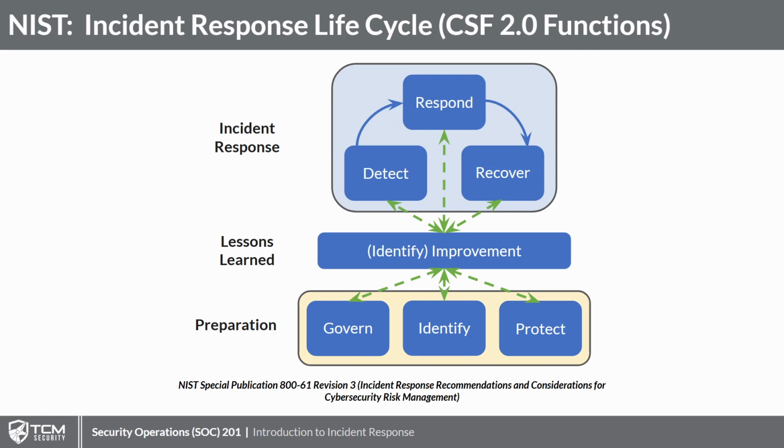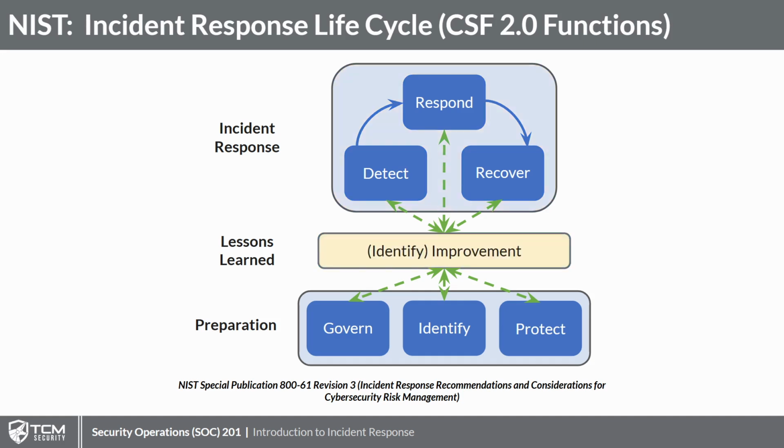The actual incident response occurs at the top level here, and it includes things like detect, respond, and recover. Right? And between these levels, we have a focus on continuous improvement, which we can see represented by the improvement category with the identify function. And really, that's connected across all of these other functions by these sort of feedback loops, right, which we can see in these dashed green lines.